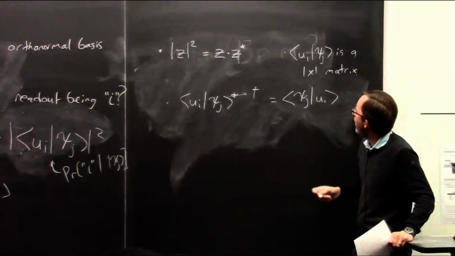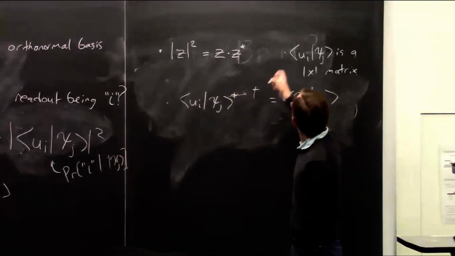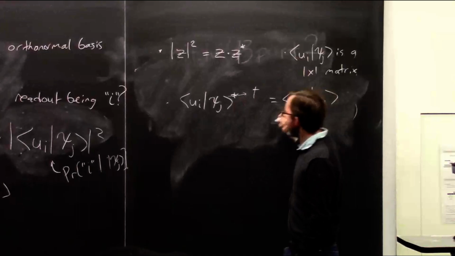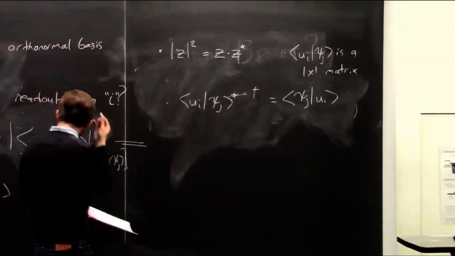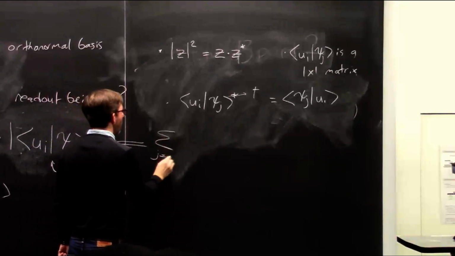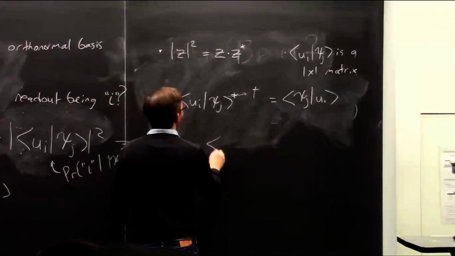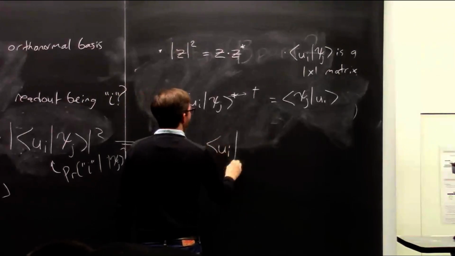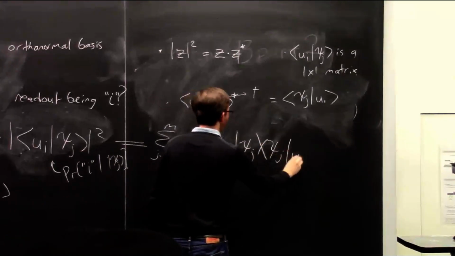Good. So this expression with the square, which is a little bit annoying, is this times its dagger, which is this times this. And therefore, this is equal to the sum j equals 1 to m of pj times ui psi j ui.